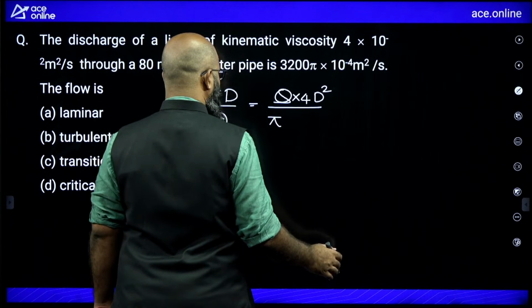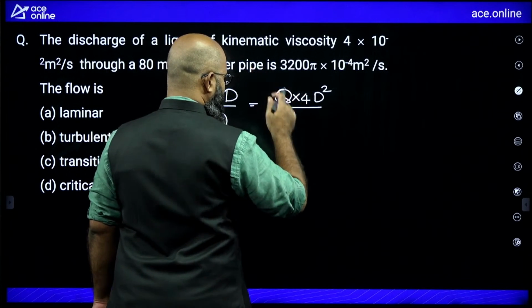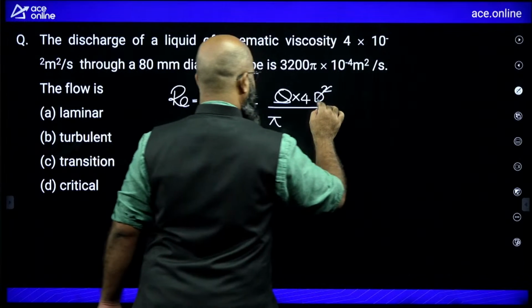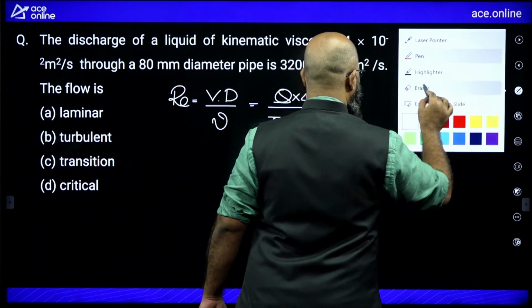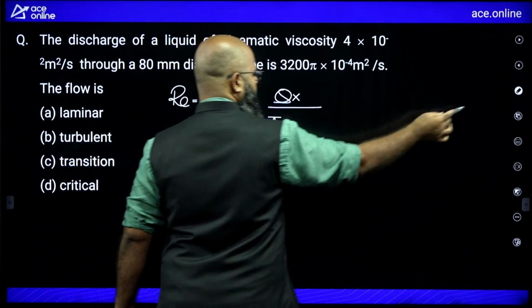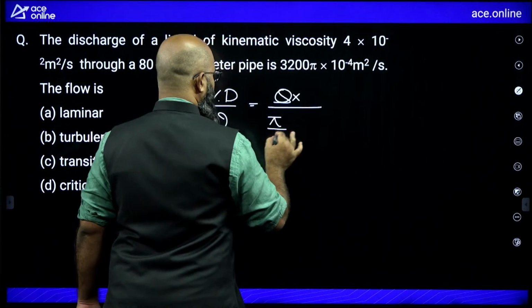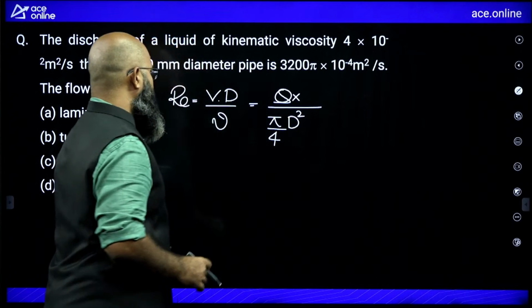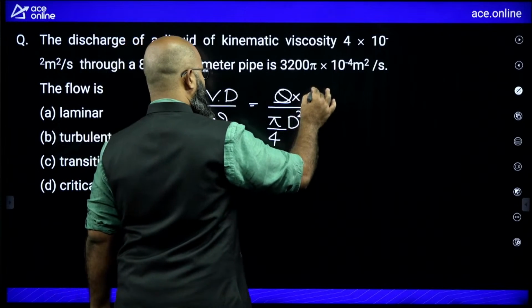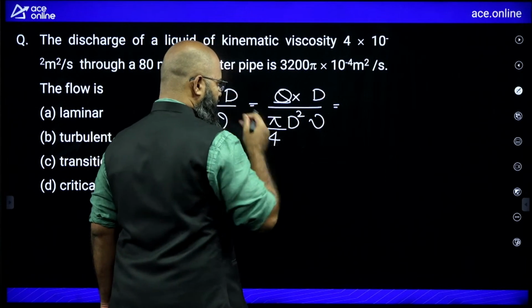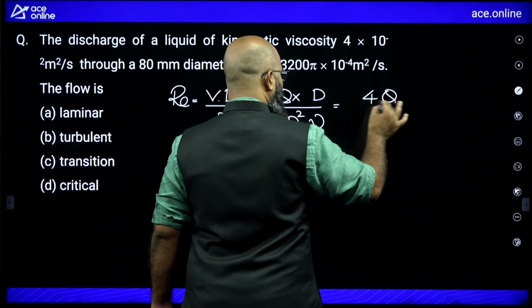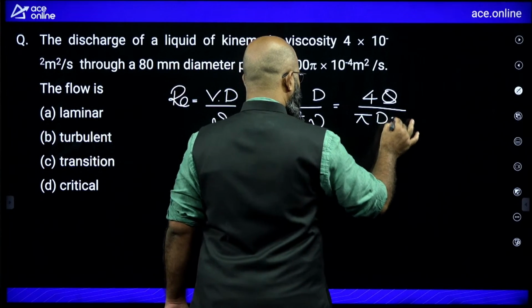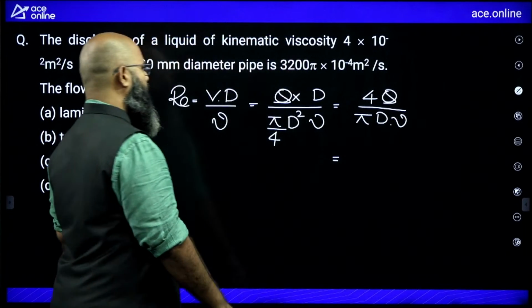So velocity multiplied by D divided by nu will be equal to 4Q upon pi times D multiplied by nu. This will be the value of Reynolds number.